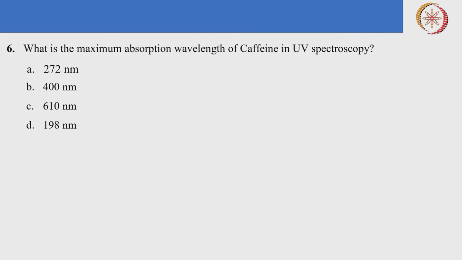Basically, caffeine is a very important compound. This is basically what is called an alkaloid. Naturally, you can usually get it from the leaves of trees. So from different types of tree leaves you can get this caffeine.